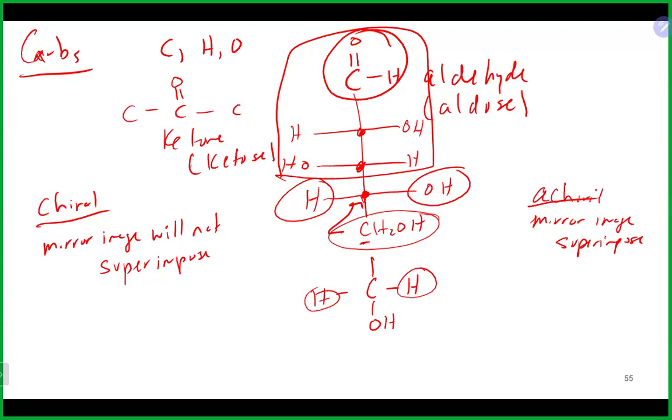In terms of numbering carbons, we also do it very much like organic chemistry. We want to give that functional group the smallest number. So that's always going to be carbon 1 up here, and then 2, 3, 4, 5. So this particular one that I drew, whatever it may be, has 5 carbons. That's also known as a pentose, because it has 5 carbons.